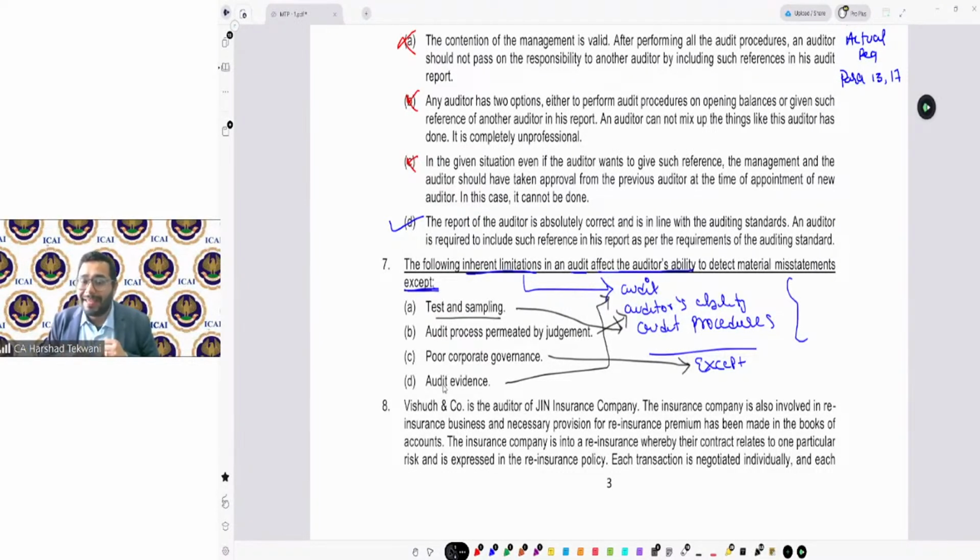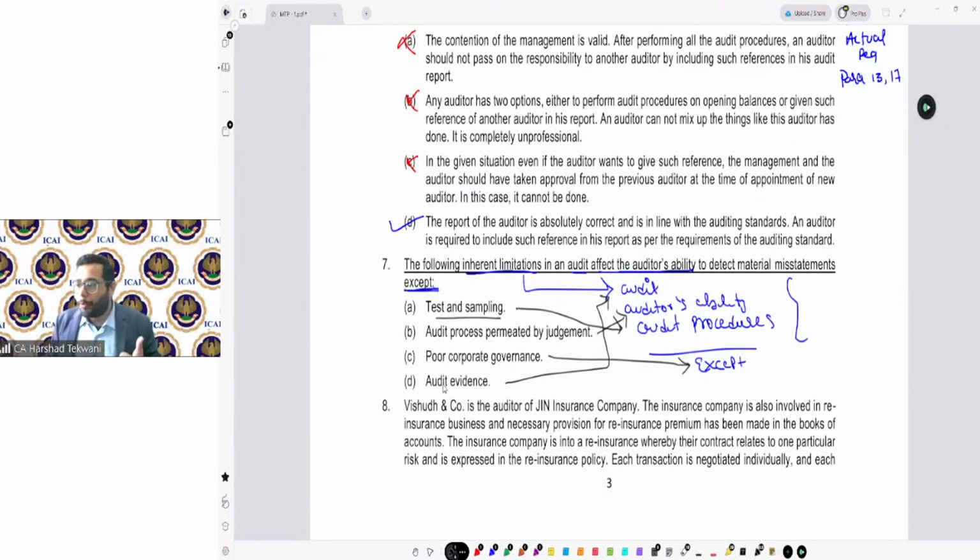I need to answer the except, the area which does not affect the auditor's ability. The word except works as a negative; it changes the meaning. Audit process premeditated by judgment does affect the auditor's ability to detect the material misstatement. I need to select the answer which does not affect.